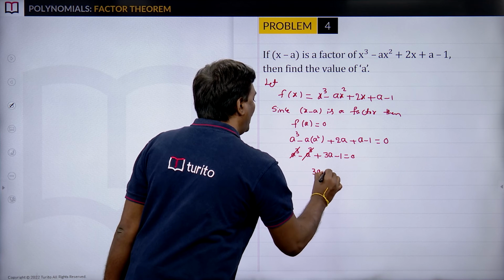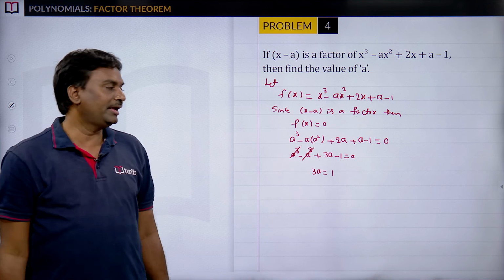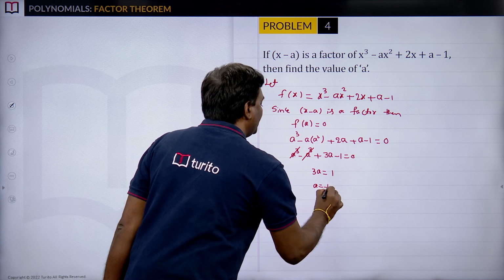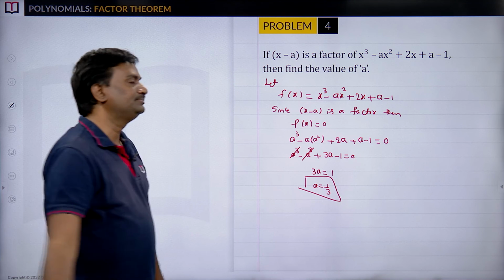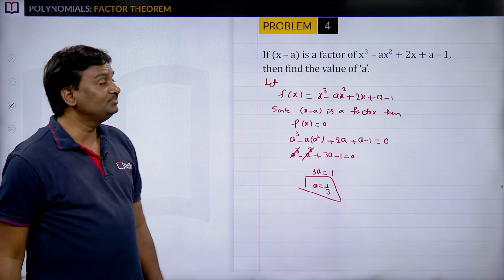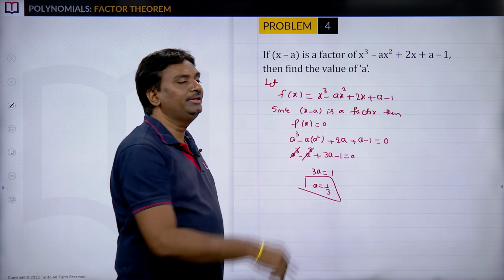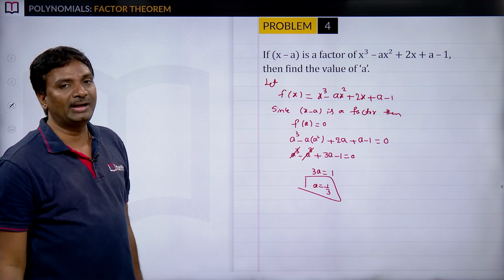By taking 1 to that side, you will get 3a equal to 1. From this, by dividing on both sides by 3, you will get a equal to 1 by 3. According to the problem, we have to find the value of a when x minus a is a factor of the polynomial x cube minus ax square plus 2x plus a minus 1.